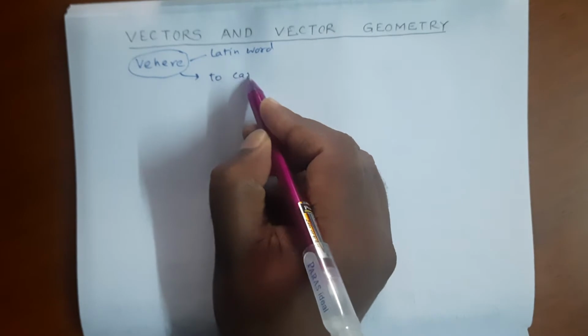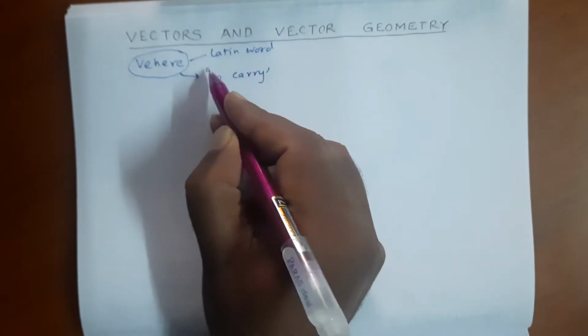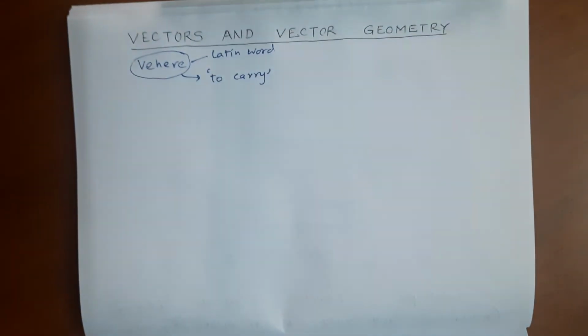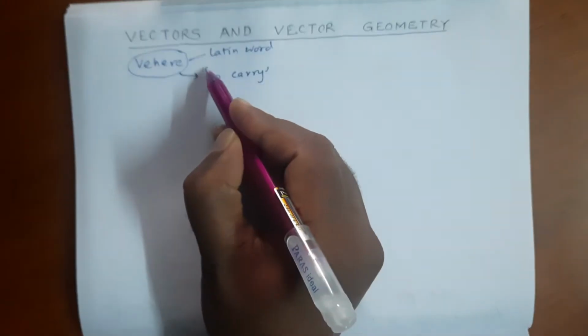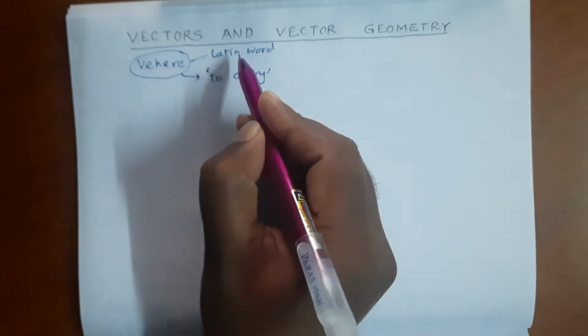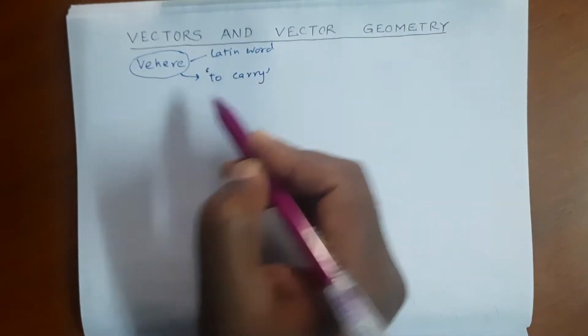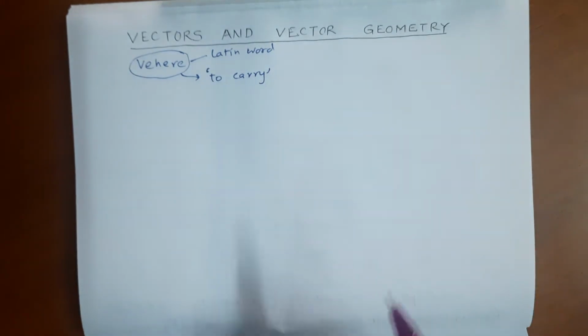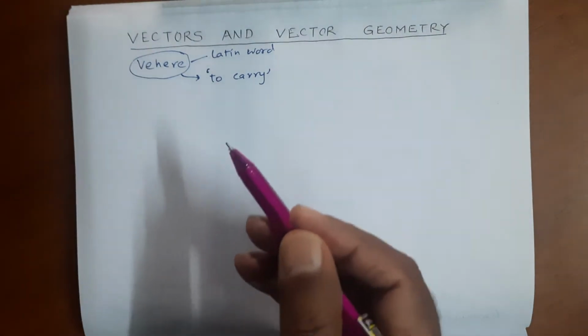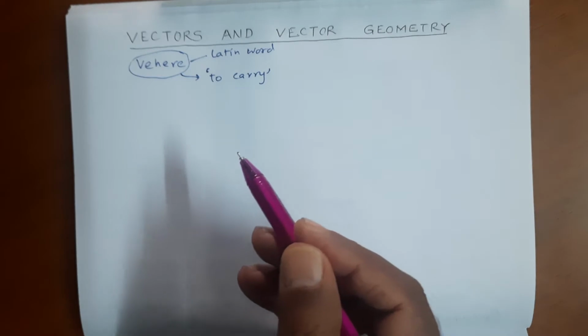Vector is derived from the Latin word meaning to carry, because while carrying an object from one place to another place, it is carried in a certain direction. So the name comes from this: to carry.